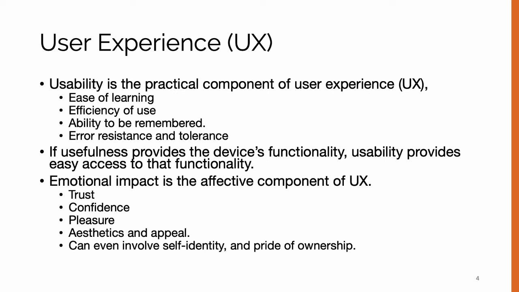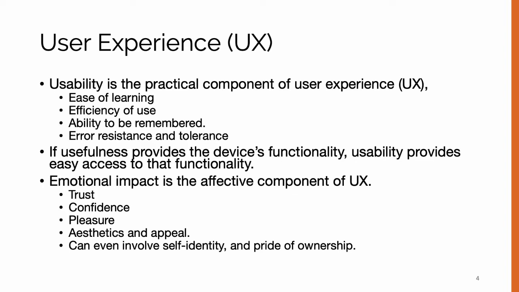So let's start talking about, remember I said, usefulness and usability and so forth. The usability is the practical component of the user experience. This is kind of where I started off in design, and I was really interested in designing products that were easy for people to use. That was usability. So that meant they had to have four characteristics.